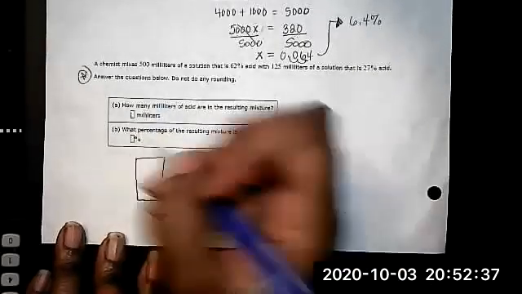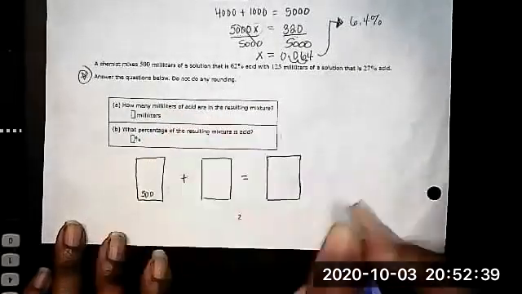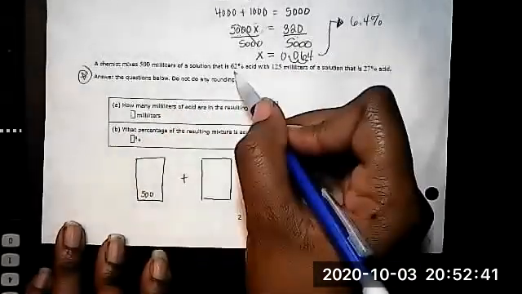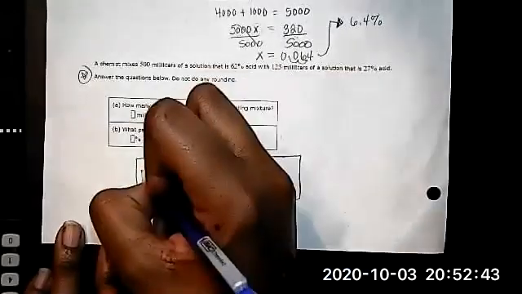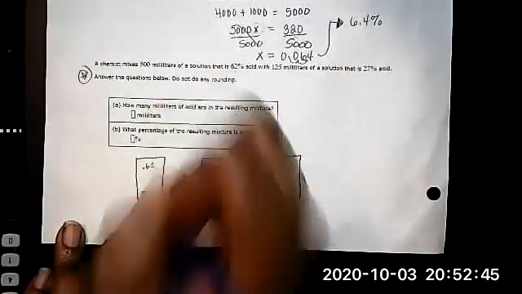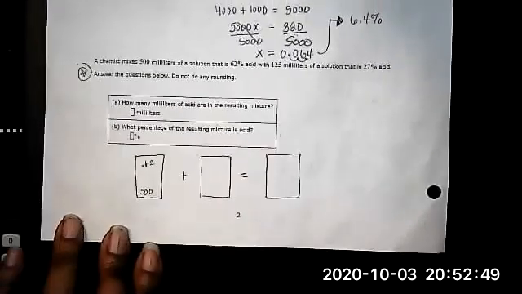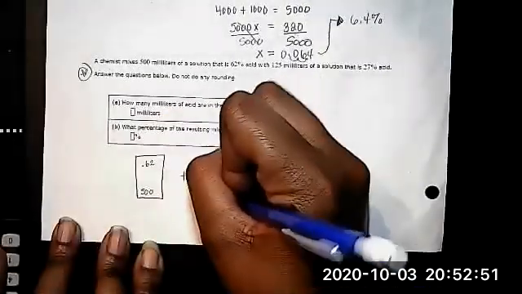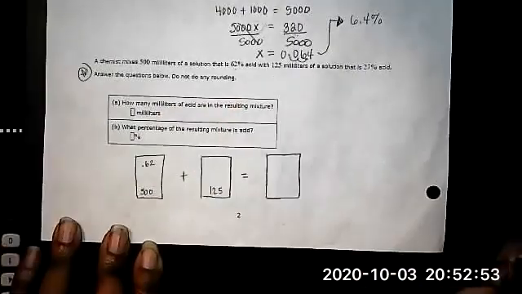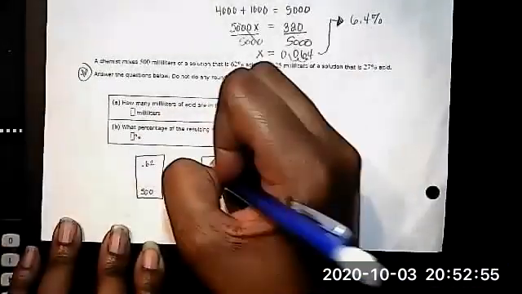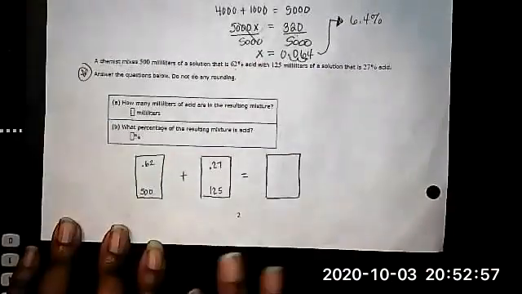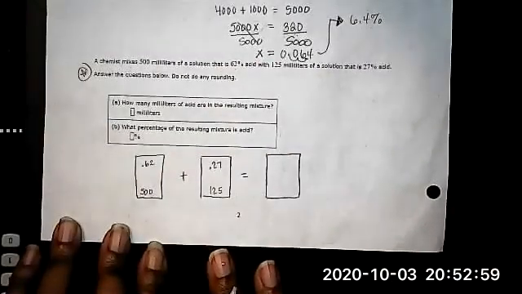So first, 500 milliliters of solution that has 62% acid, and 62% is 0.62 as a decimal. And then it says 125 milliliters of solution, and it's 0.27 acid.